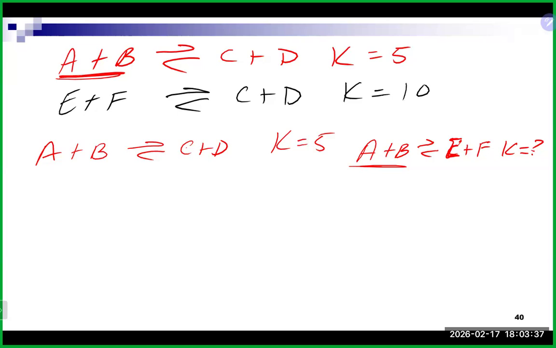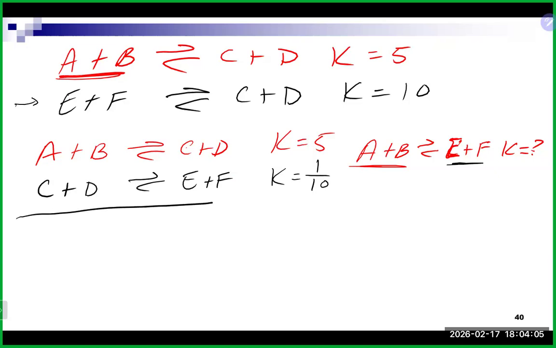Now I look on the other side, and I need E and F on the right-hand side, but since I just changed it, if that was originally given to us, it's not on the correct side. So I would have to reverse that reaction to get everybody to the correct side. Once again, when I reverse that reaction, I'm going to take 1 over the K value.